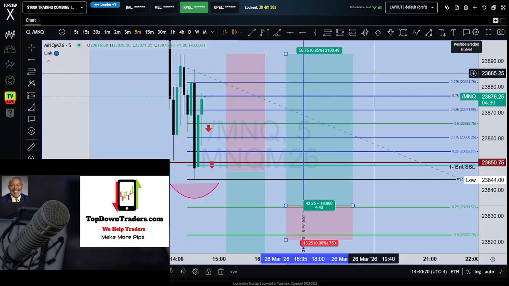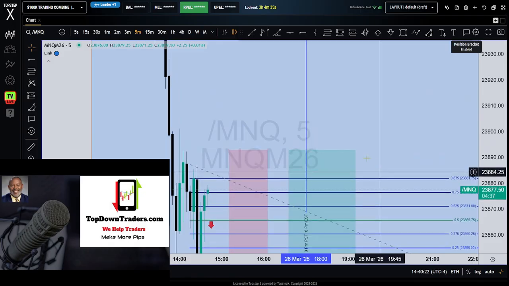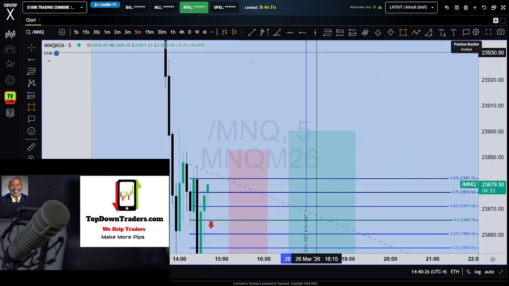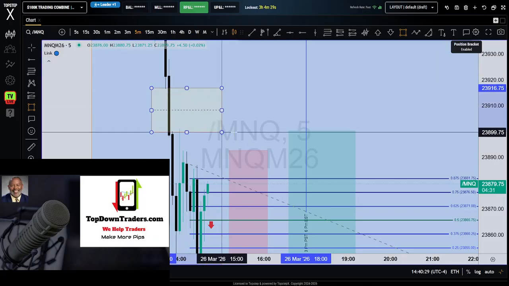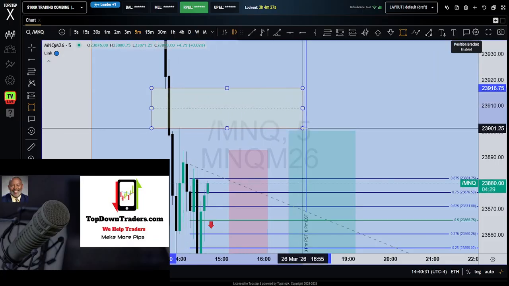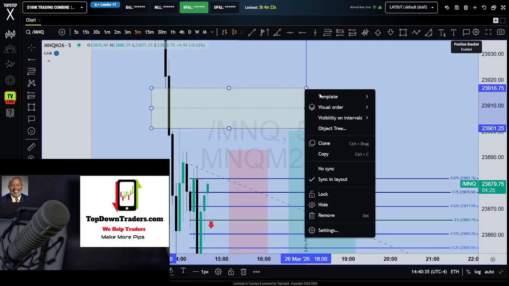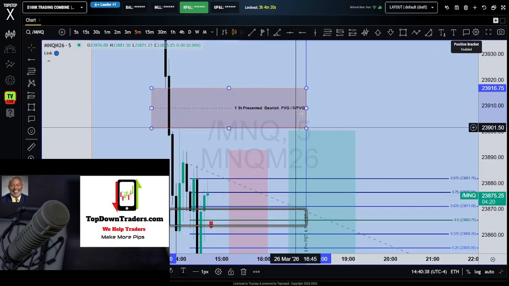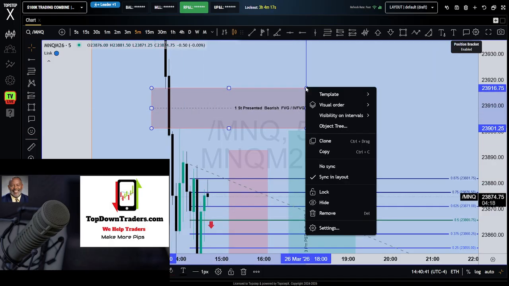Plan B is to go long, and I will be targeting this inefficiency right here because this is a bearish fair value gap, and I would lock that.